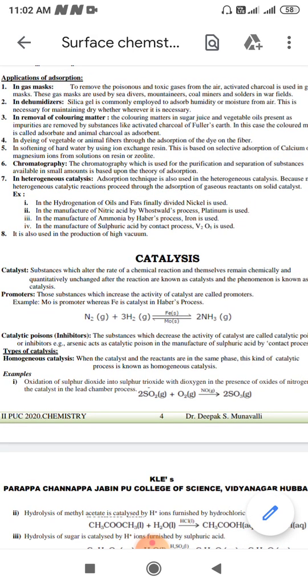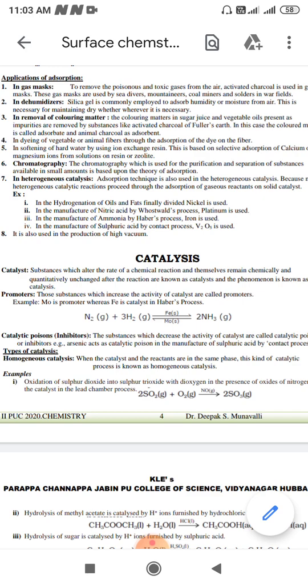How does it decrease the activity? By blocking the active centers of the catalyst. By blocking the active centers, they decrease the efficiency of the catalyst. Such a process is called catalytic inhibition, and the substance is called a catalytic inhibitor.